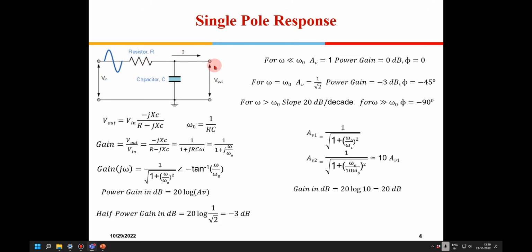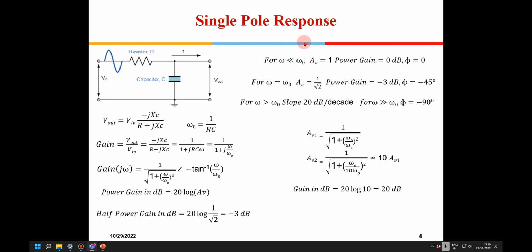So this is a low pass filter, if you have an RC like this. So for very low frequencies, as omega is much lesser than the resonant frequency, the voltage gain is 1, the power gain in dB is 0, and the phase is 0.